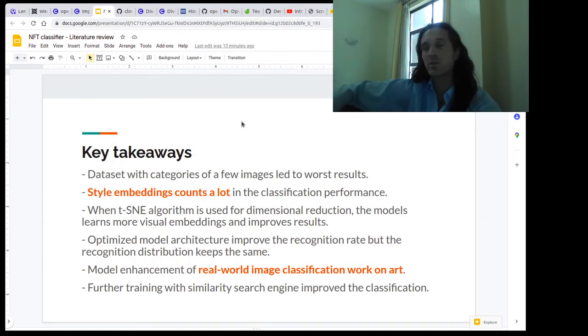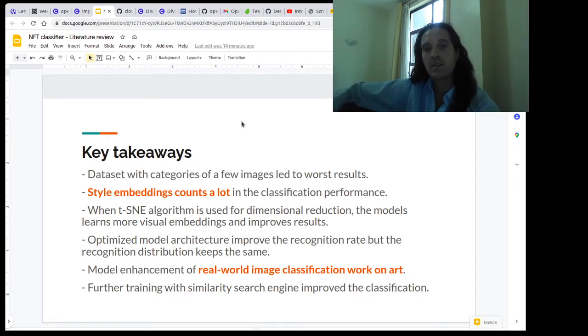The key takeaways of that article: datasets with categories of few images led to worse results, so it seems important to have a balanced dataset of equivalent collections of art.